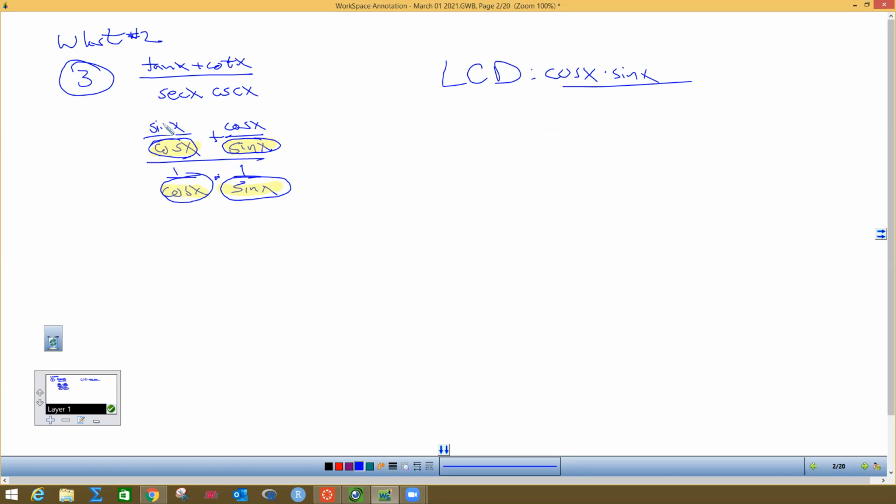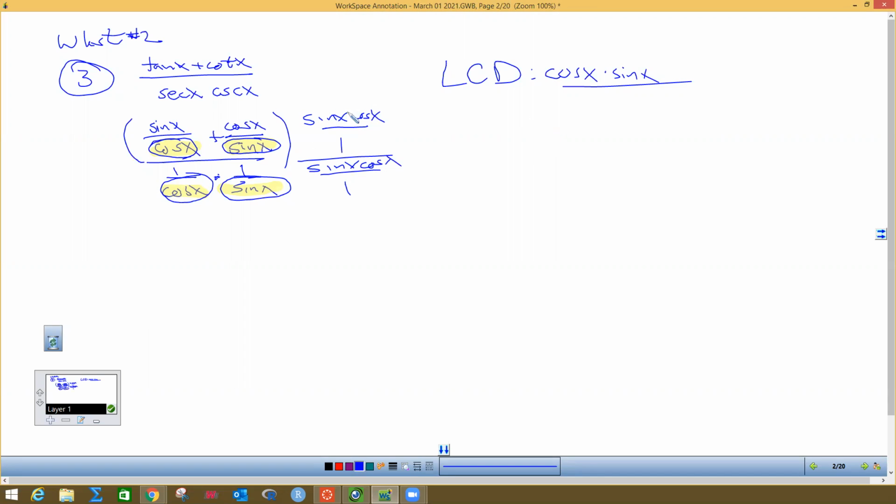Then I'm going to multiply the top by that LCD, and I'm going to multiply the bottom by that LCD, because that value right here that I just put up here is a value of 1. And I hope you all know when you multiply by 1, it does not change the value; it changes the way it looks, but not the value.